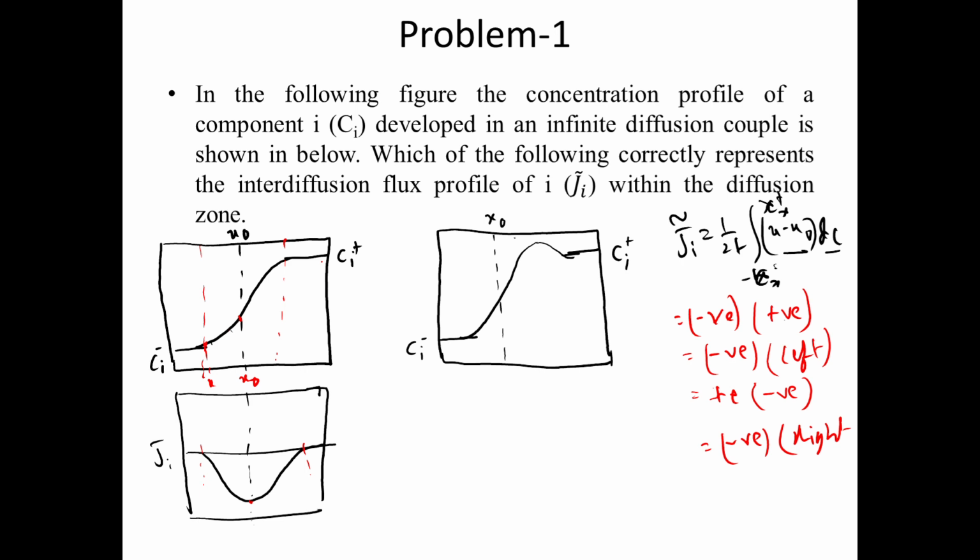That's why this is nothing but the infinite diffusion couple, and at the end the flux is zero. Whereas here, the flux getting zero here is different from the flux getting here. Can you tell me what will be the flux profile for this?